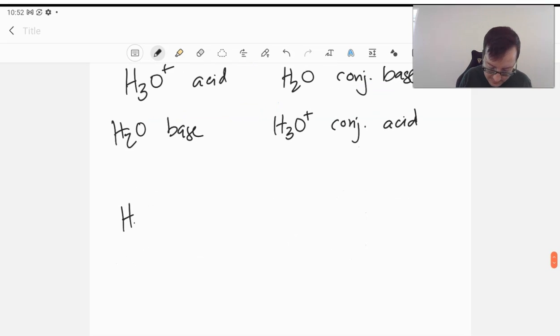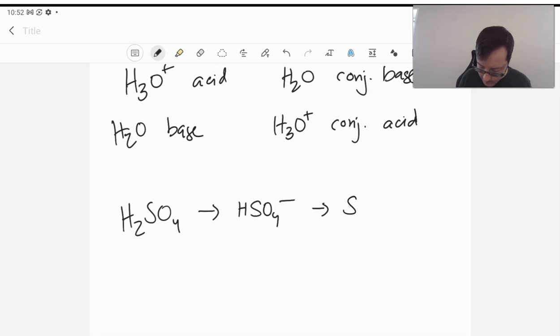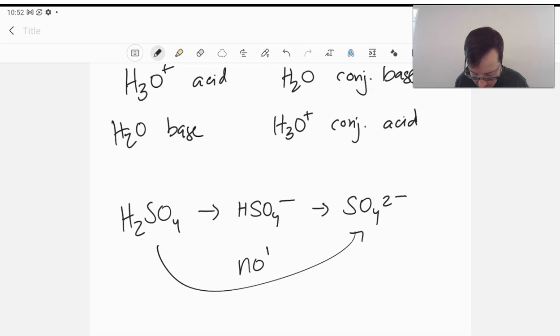If we take a look at something like sulfuric acid, by the way, sulfuric acid, H2SO4, and sulfate are not conjugates.